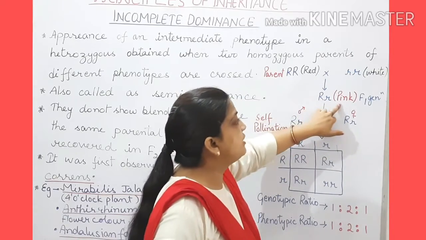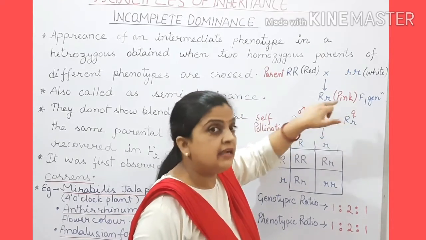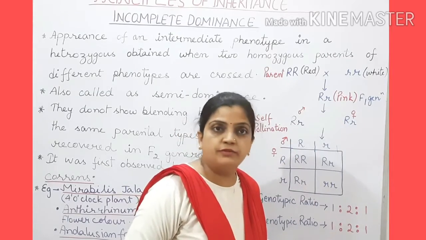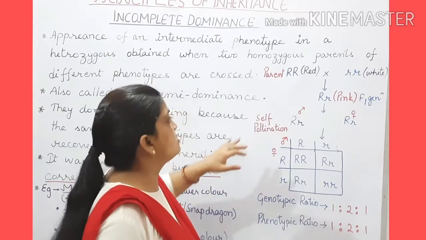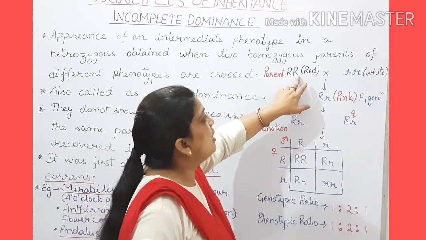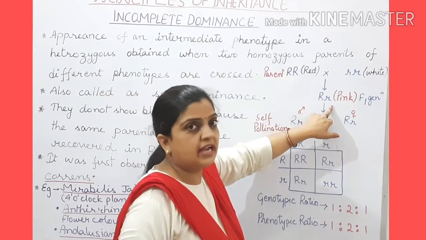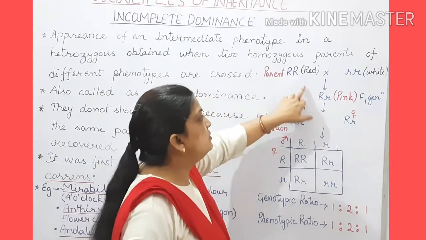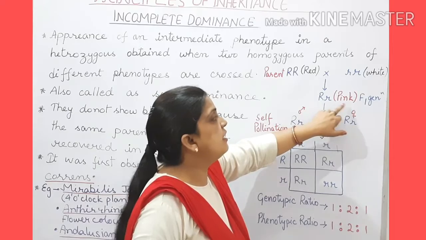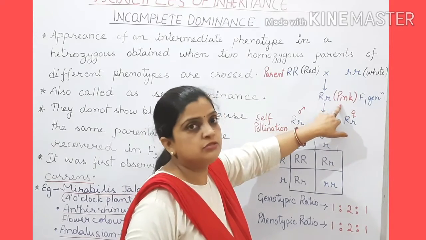So this was a deviated result, and it proved the incomplete dominance shown by Carl Correns. According to Mendel's law of dominance, this would be a red flower, but the result deviated, and in the F1 generation a pink flower was obtained.